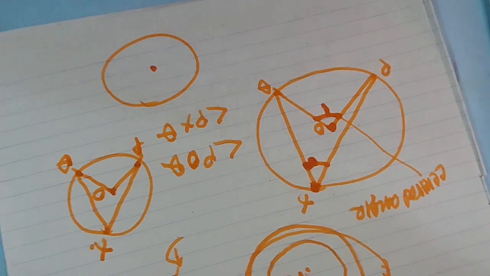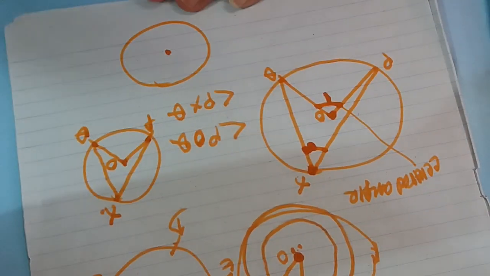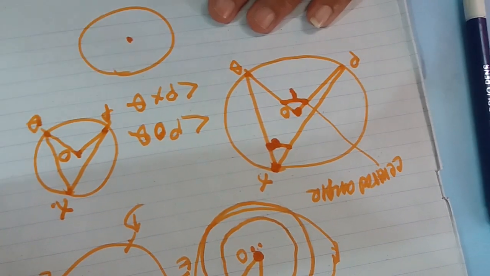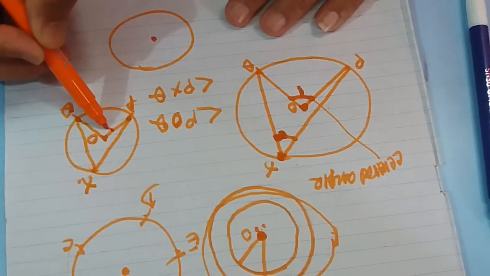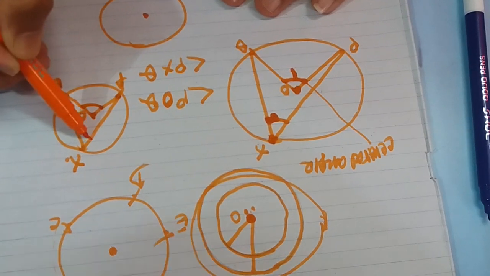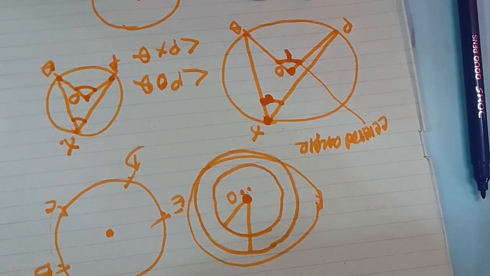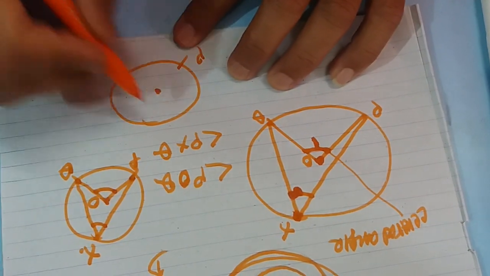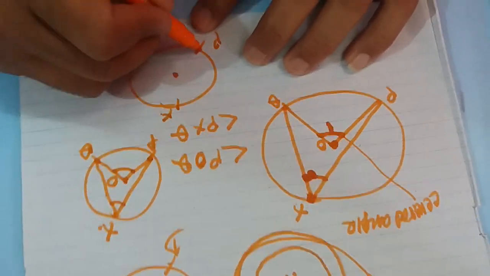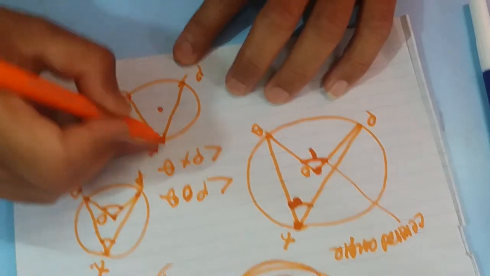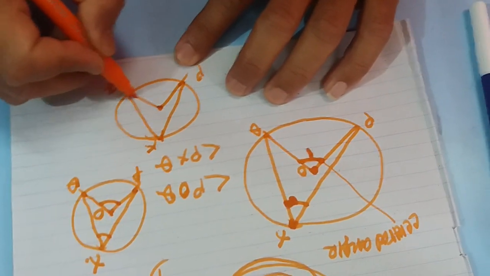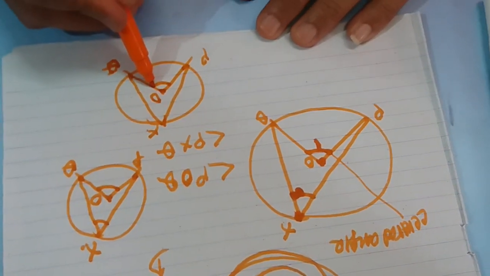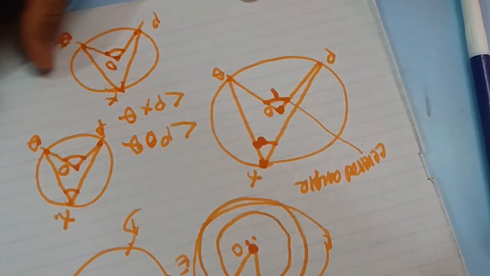So you go accordingly. So through experimental verification we are going to learn that the central angle is double the inscribed angle. Here also the points P and Q, and this is the point X. So this is the inscribed angle, this is the central angle POQ. Now we'll prove that this central angle is double the inscribed angle.